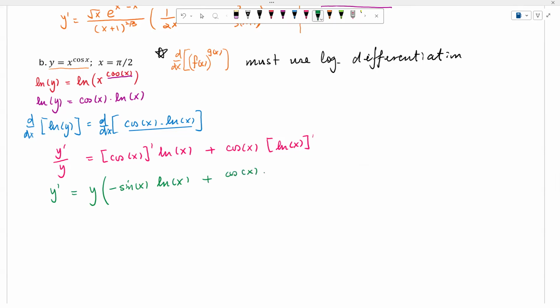The derivative of natural log of x is 1 over x. So I have y prime equal to y, which is x to the cosine of x, times cosine of x over x minus sine of x natural log of x.